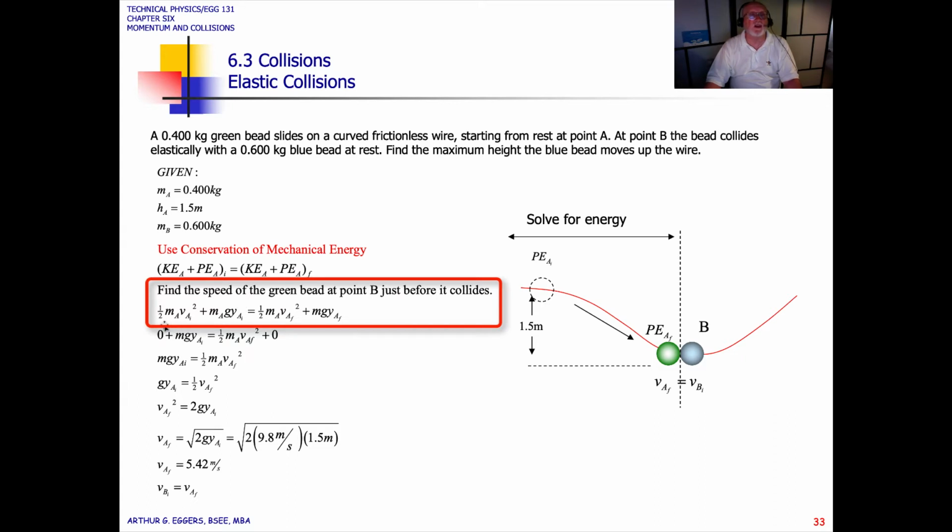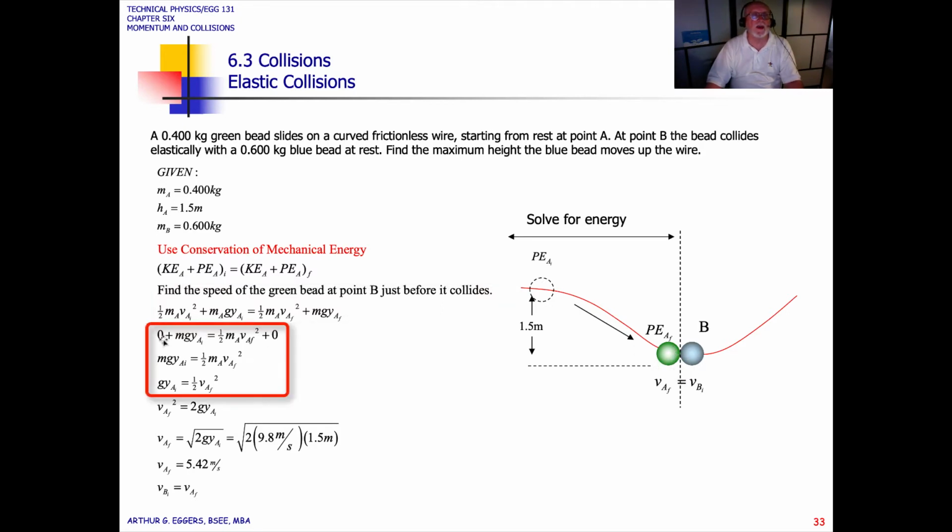We start with our kinetic energy relationship. You can see that's what we've gone back to: 1/2 mv squared plus mgy on the initial side, and 1/2 mv squared plus mgy on the side just before the bead hits.